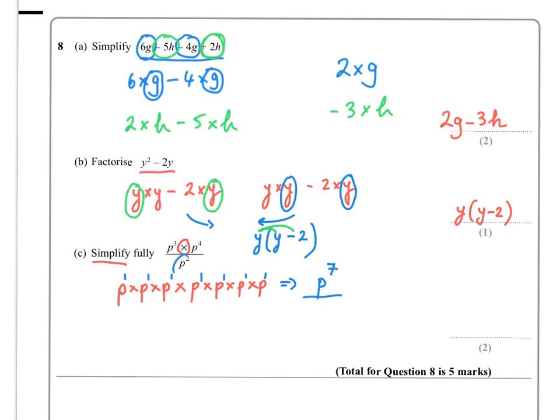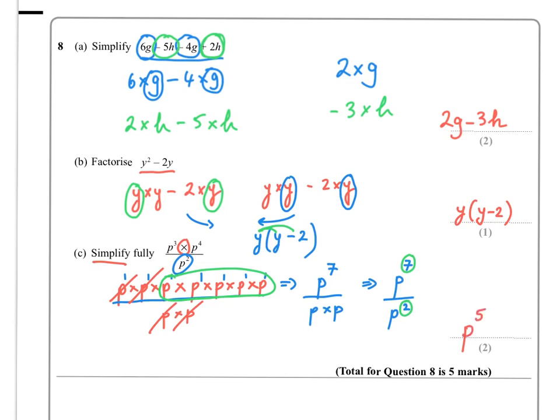And underneath we just have p squared, and then p squared, I didn't really need to do that step, we end up with p to the power 2. So what I want you to think about is, if I go backwards here and then just write p times p underneath, what's effectively happening is we're cancelling off these terms and we're just left with 5 powers of p left. Or use the rule and just take these away and you'd be left with the answer p to the power 5.